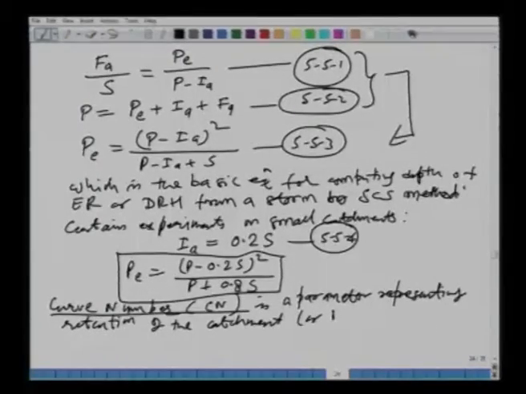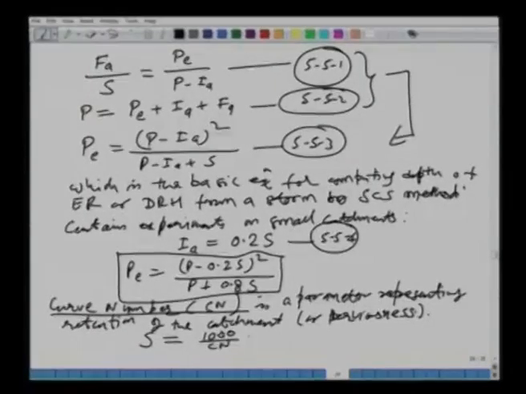In other words, it is also quantifying the perviousness, how pervious the catchment is. And the relationship is that S is given as 1000 over the curve number minus 10. This is 5.5.5, I forgot to number this.